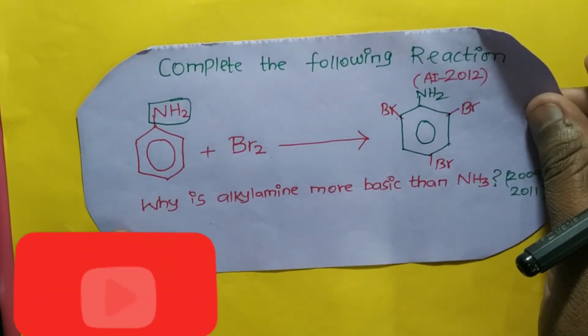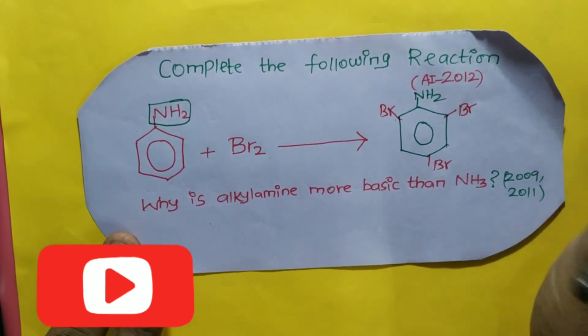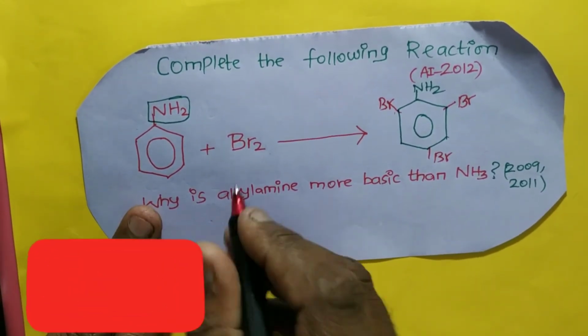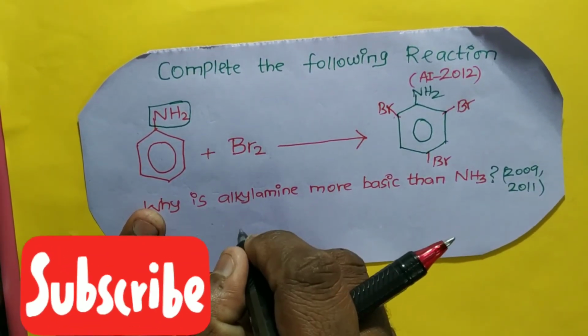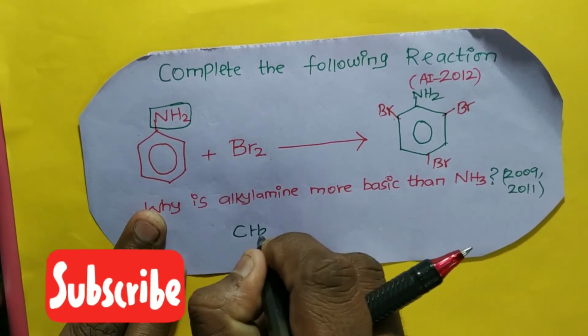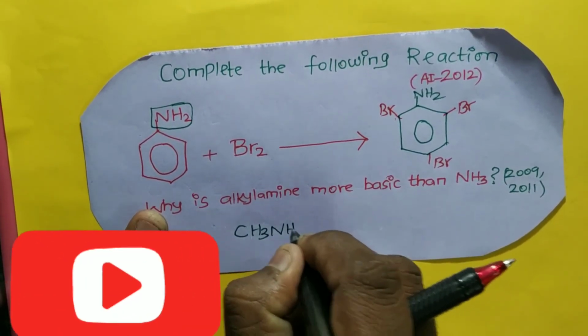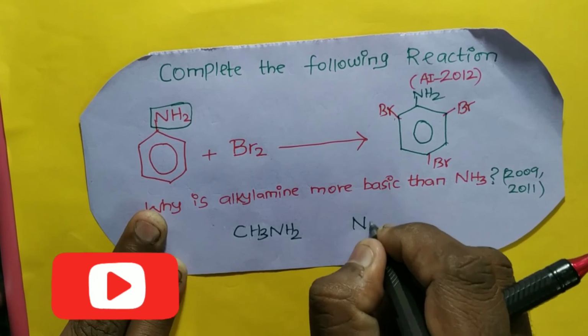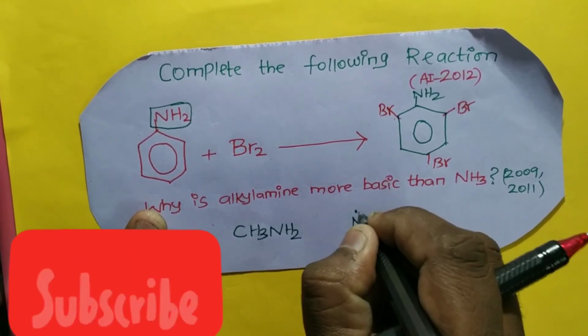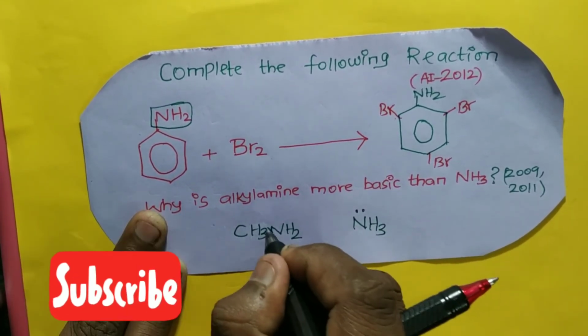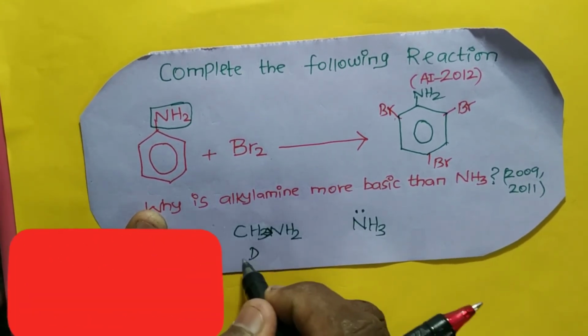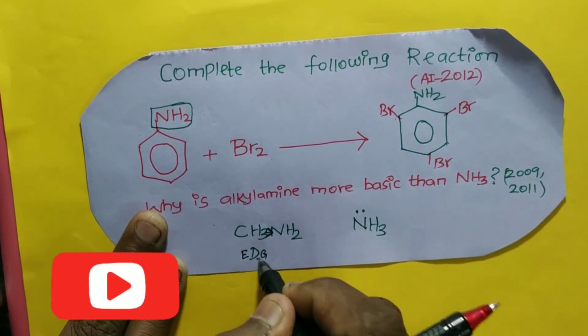tribromoaniline. And why is alkyl amine more basic than ammonia? Here the same thing: alkyl amine, for example, if I am taking CH3NH2, this is an alkyl amine, and here I am having NH3. Here one electron donating group is there. This is the electron donating group. Which one is the electron donating group?